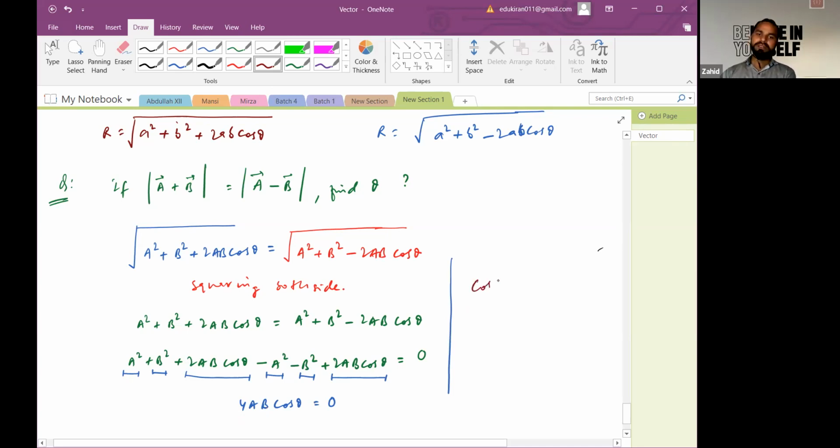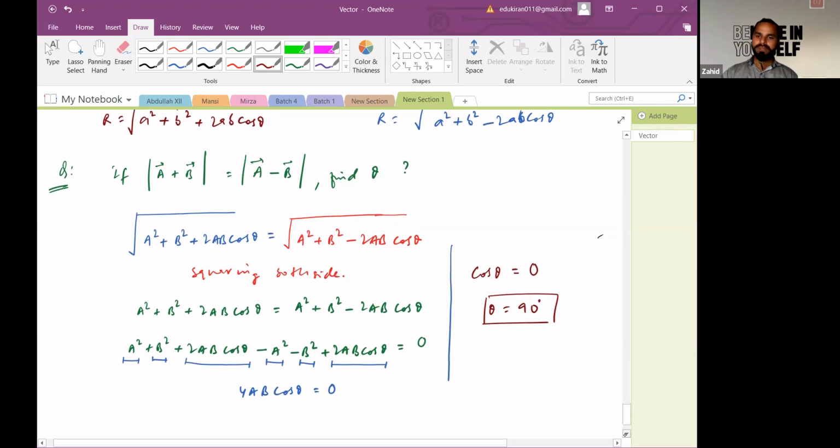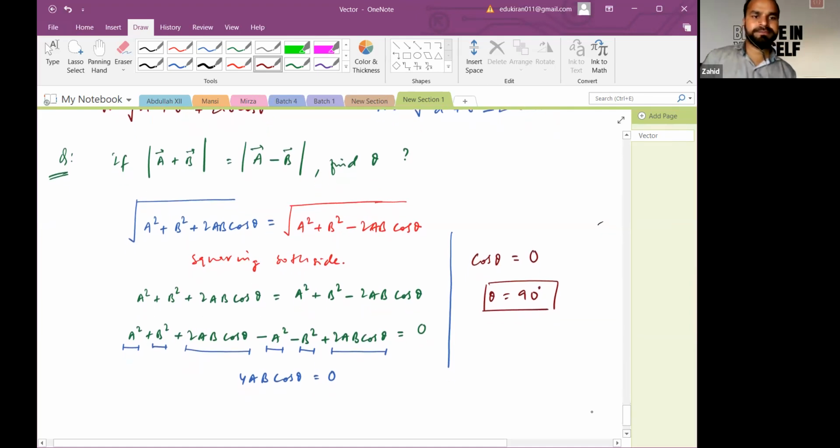So what you are left with? Cos theta will be 0. So theta for which cos theta will be 0 is 90 degree. Good, Mamuna. Shwab, is it clear? Okay, just write it down.